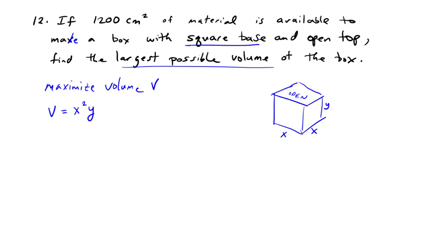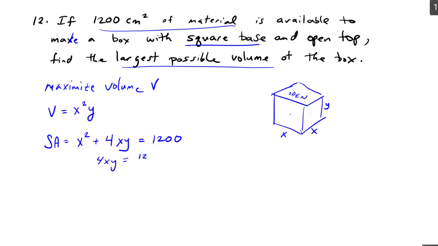Okay, so then we've been told about the material, but that's coming from the surface area of the box. So the surface area would be the base, x squared, plus the four sides that have area xy. And that, we've been told, is fixed at 1,200. What I think I should do here is try and solve for y, because we get 4xy equals 1,200 minus x squared.